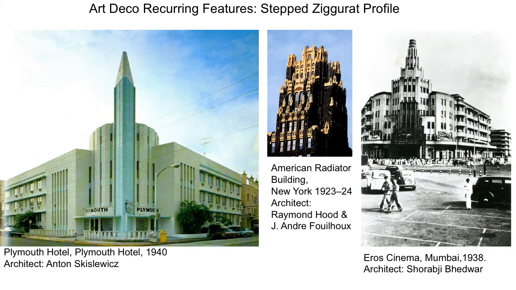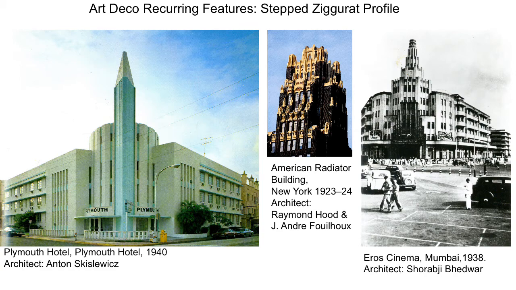Another feature which we have discussed, and I want to give you a few more examples, is the stepped ziggurat profile. The Plymouth Hotel on the left, in this celebration of pastels, of stair-stepping, of eyebrows, you see them on the sides, a side entrance, and a combination of cube forms and cylindrical forms is just taking all of Art Deco's cues and putting them into one building.